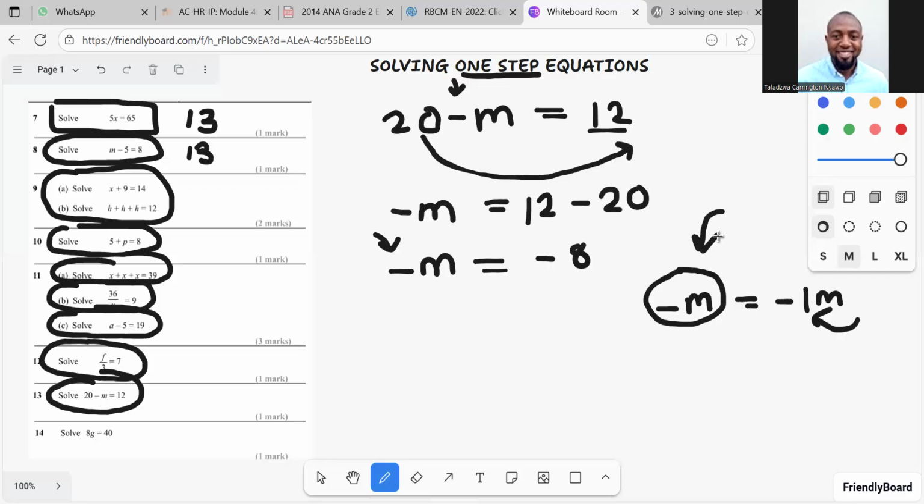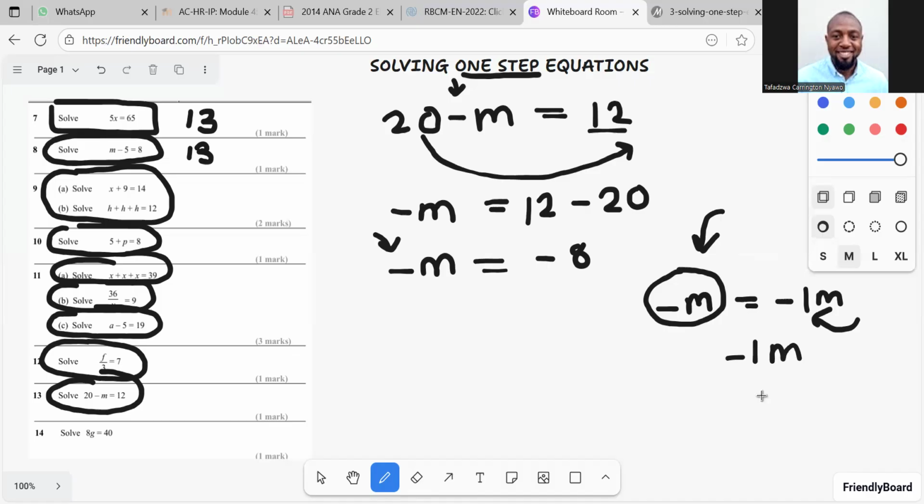So that means that the m is the coefficient of negative 1. We now know that minus m is the same as negative 1 times m.